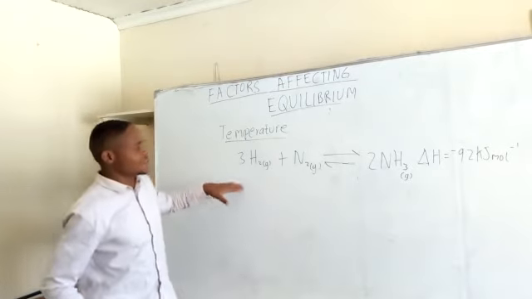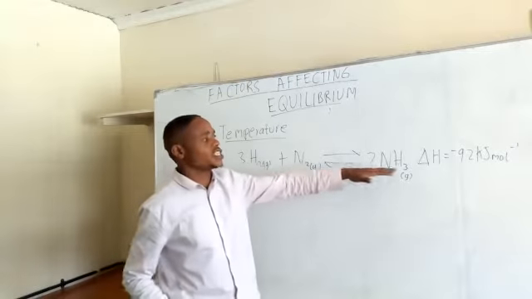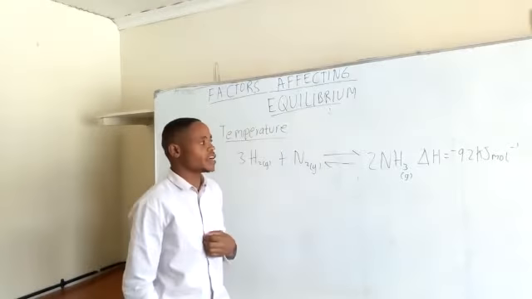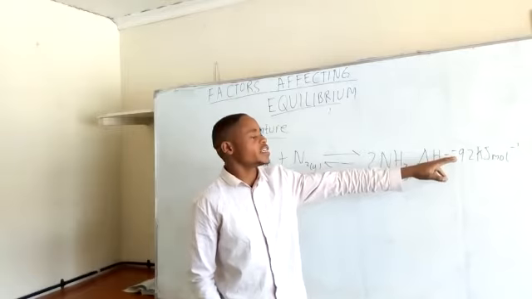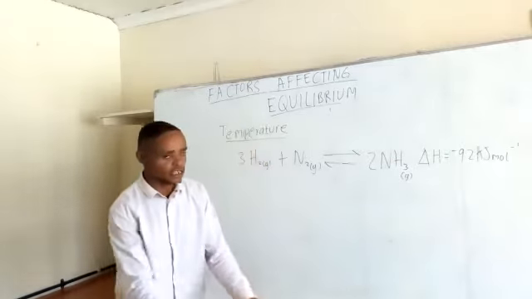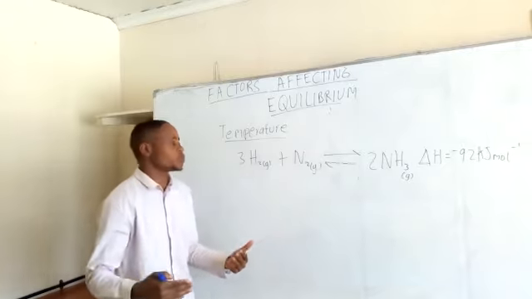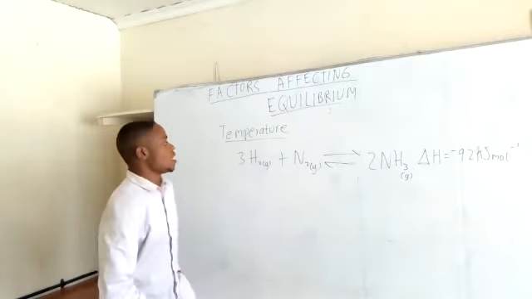Of course, we know that this reaction is exothermic. The forward reaction is exothermic. That's why the enthalpy change is negative here, meaning that the reaction produces heat as it progresses.